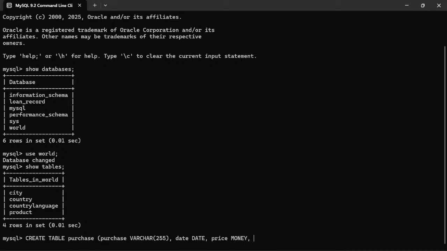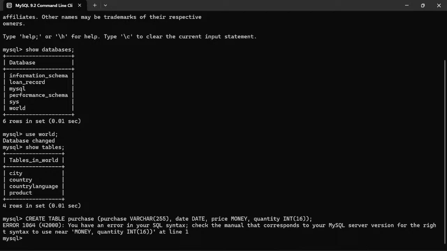And quantity will be integer 16. I don't know if it will work or not. Let's see. Yeah, I knew it. So what is the error? Manual correction is the right syntax.